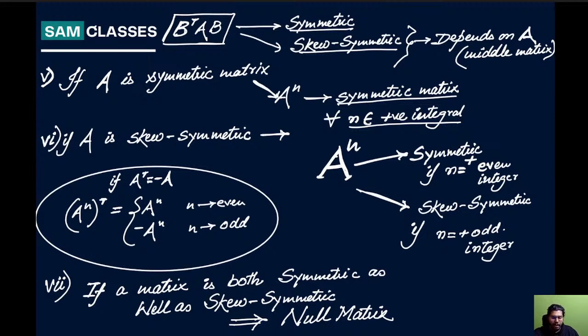The moment they say A is symmetric and ask whether A power 3 will be symmetric, don't start calculating A square and then checking whether it is symmetric or not. We don't have time. In 1 second, 2 seconds, directly you can say symmetric if it is a positive integral power. Nothing here and there. Clear, everyone?